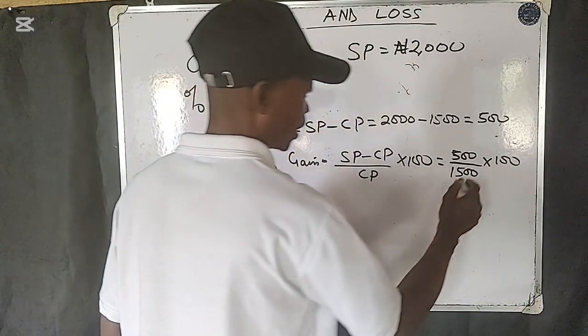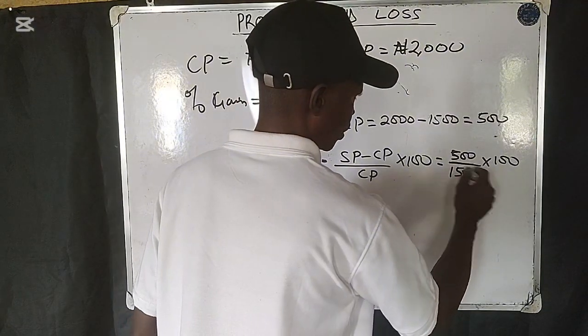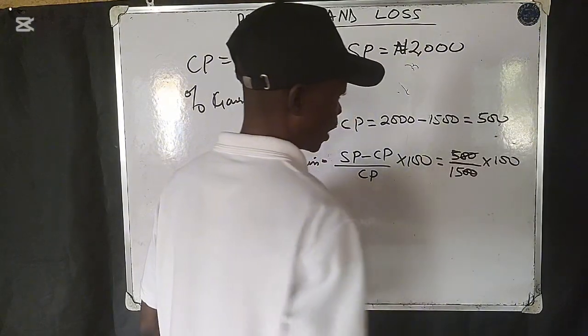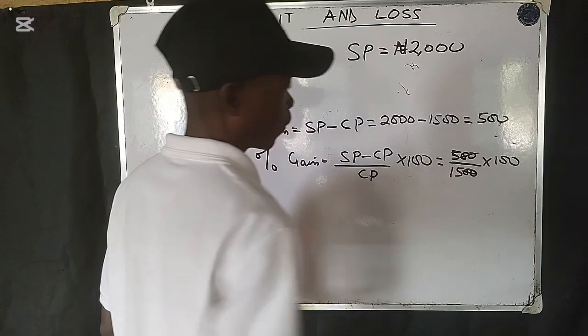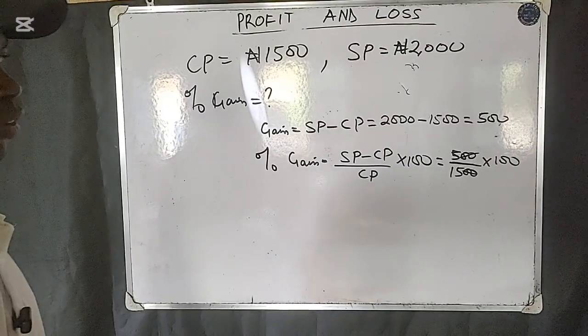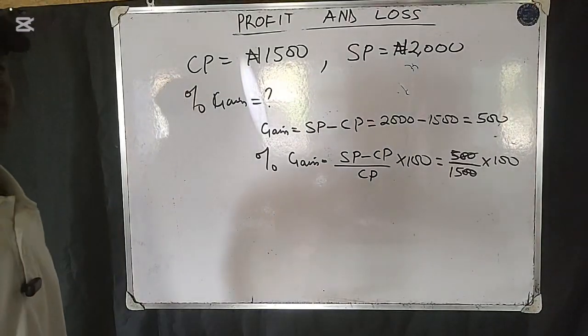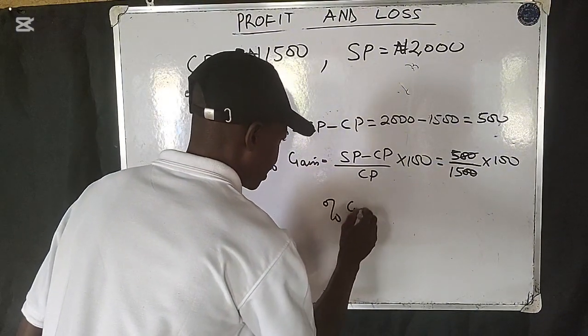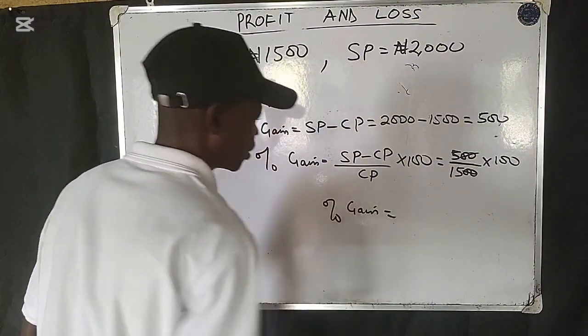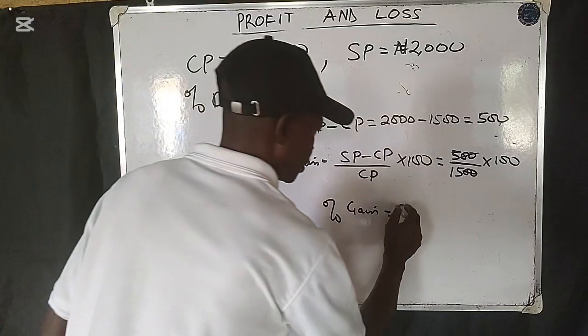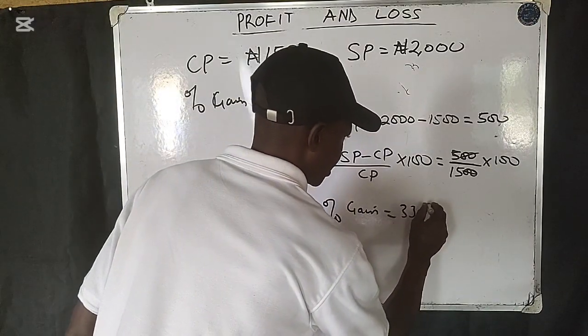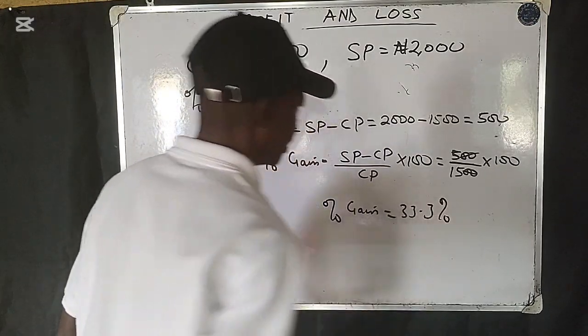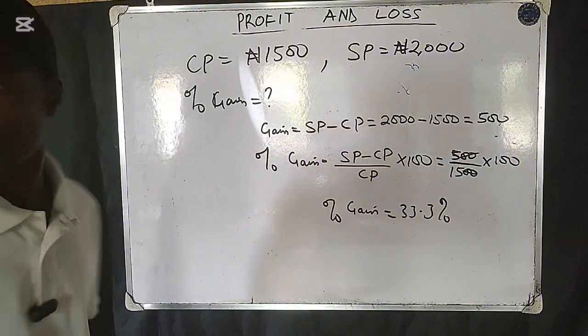So we do that by saying this 20 cancels this 20, right? 5 times 100, that is 500. 500 divided by 15 gives you the percentage gain, which is 33.3%. This is the percentage gain, right?